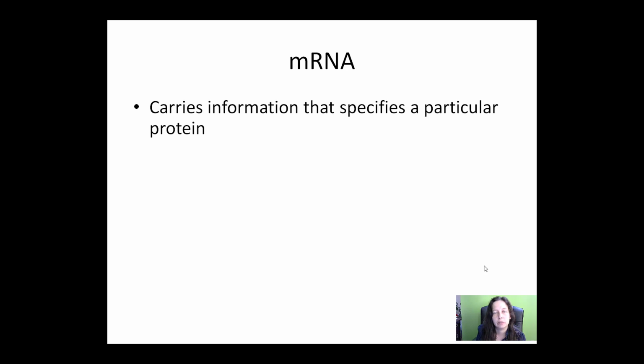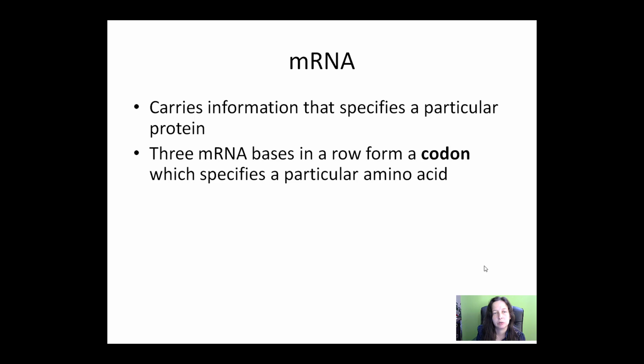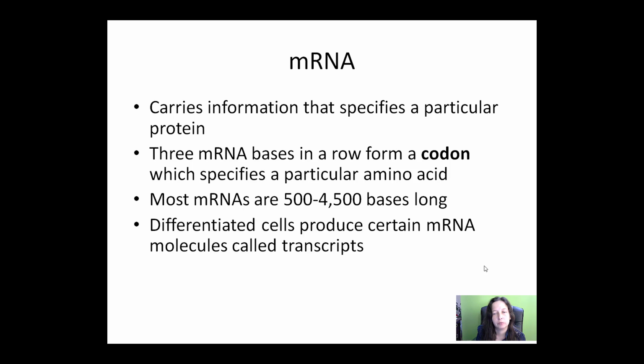It carries information that specifies a particular protein. 3 mRNA bases in a row form a codon, which is something that we talked about earlier. A codon specifies a particular amino acid. Most mRNAs are about 500 to 4,500 bases long, depending, and this will determine the size of the protein.